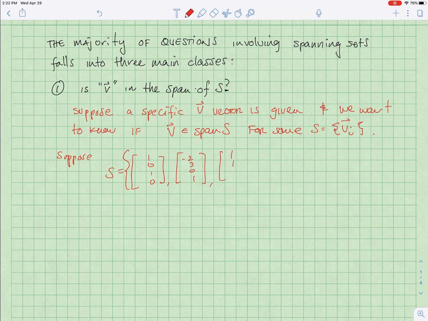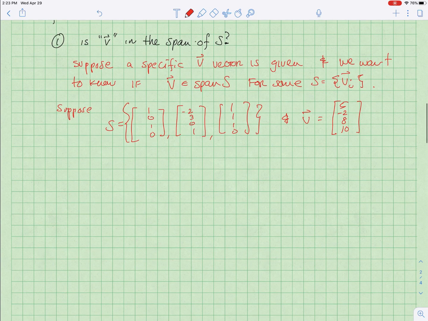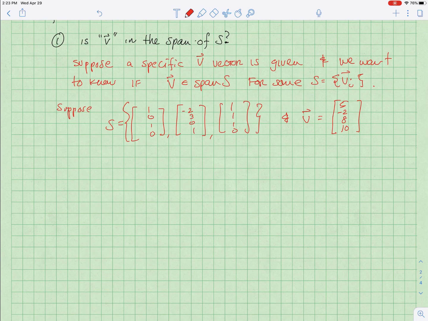And v, the given vector, is something like (5, -2, 8, 10). It's a very specific element of R4. And so the question is: is v an element of the span of S?